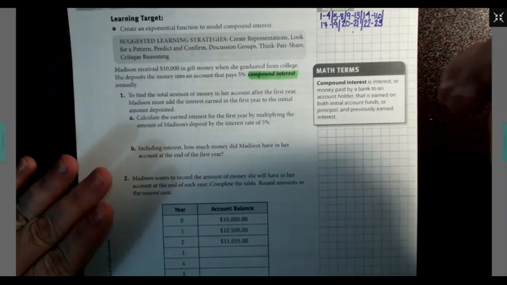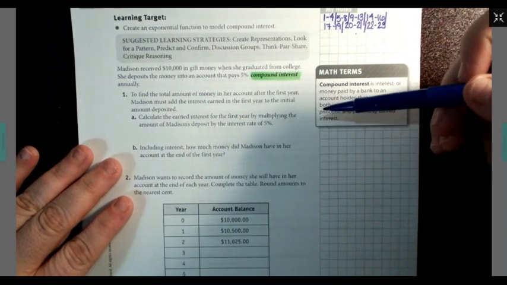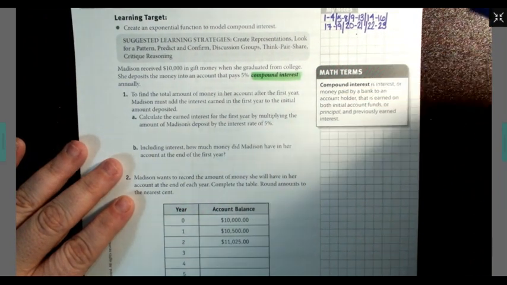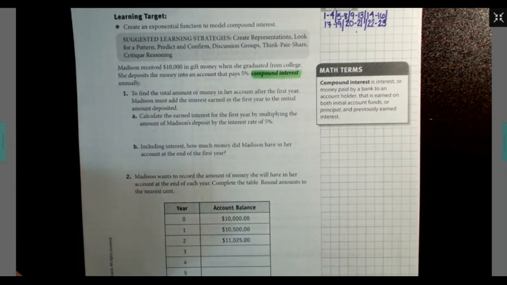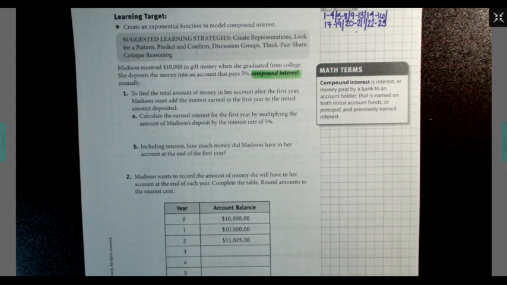Number 1, to find the total amount of money in her account after the first year, Madison must add the interest earned in the first year to the initial amount deposited. A. Calculate the earned interest for the first year by multiplying the amount of Madison's deposit by the interest rate of 5%.